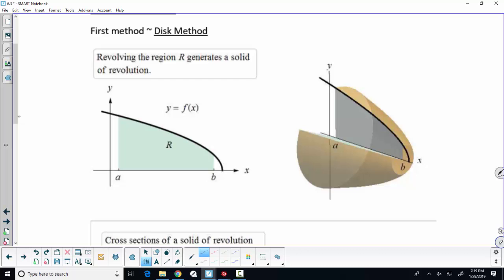Okay. So I know it says specifically what the cross sections are, but let me note this first method, the disk method.